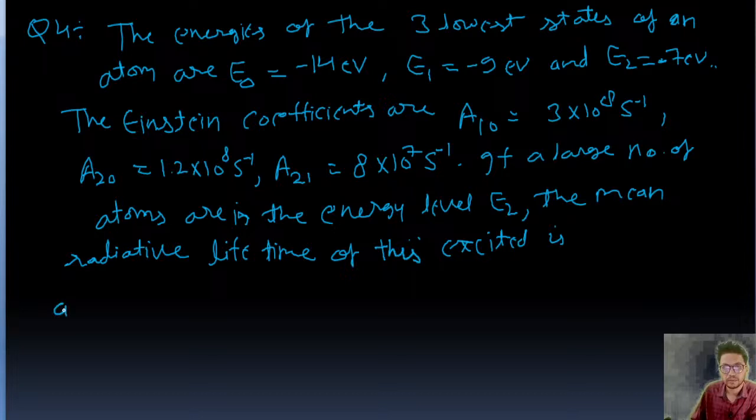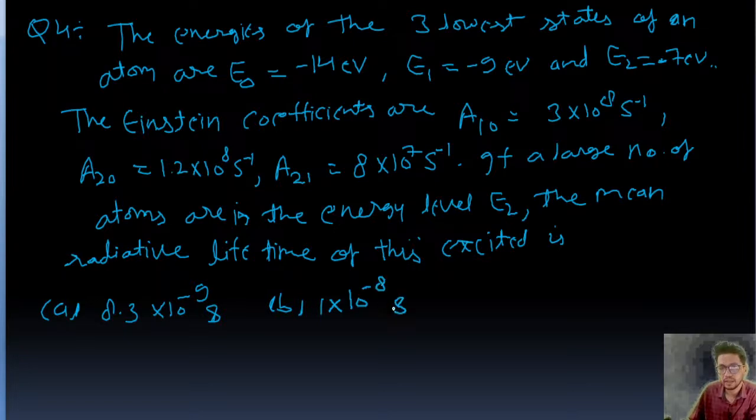Options are, option A is 8.3 into 10 to the power minus 9 second. Option B is 1.1 into 10 to the power minus 8 second.